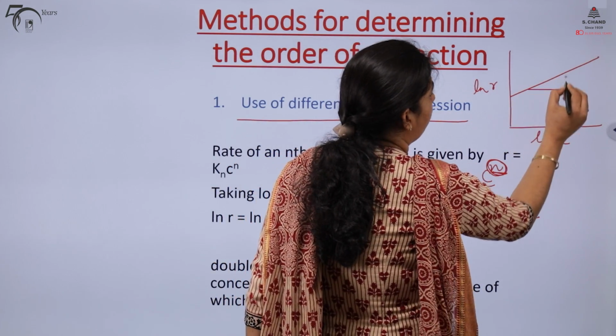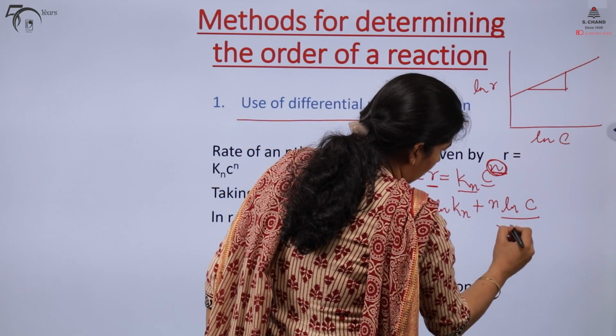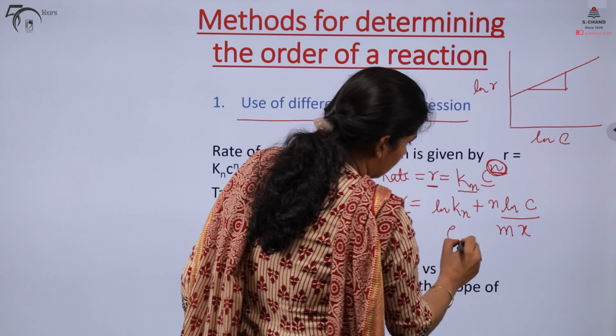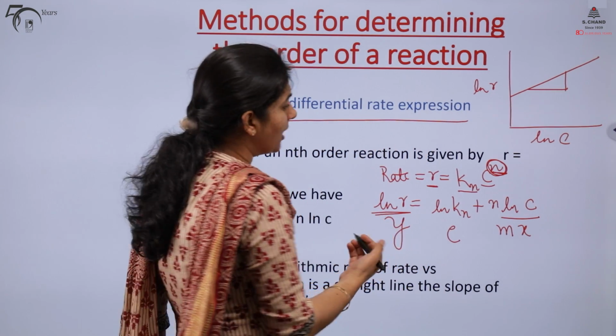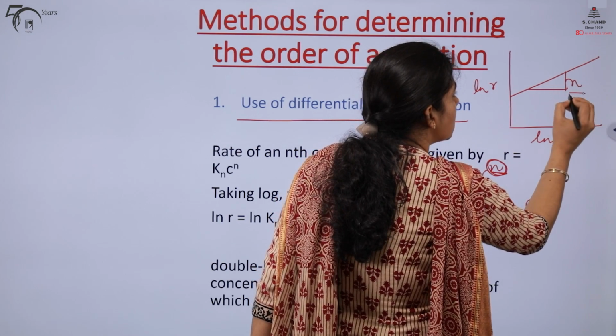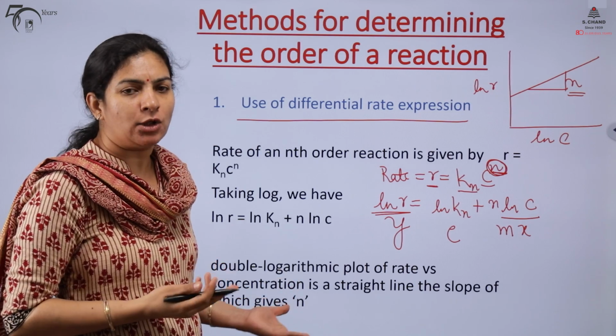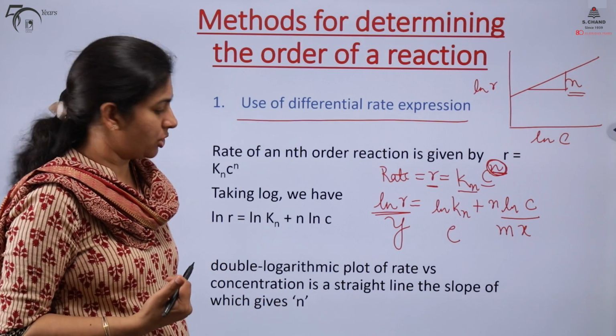This can be compared as y, this is your mx and this is c. So y is equal to mx plus c. So according to this plot, the slope of this plot will give me n, that is the value of the order of the reaction.